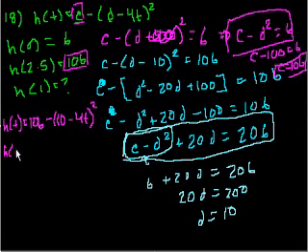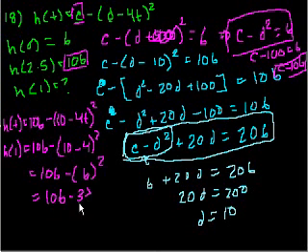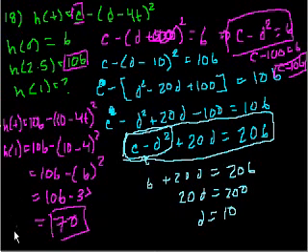So h of 1 is equal to 106 minus 10 minus 4 times 1, so 10 minus 4 squared. So that equals 106 minus 6 squared equals 106 minus 36, which is equal to 70. And we are done. h of 1 is equal to 70, which took us a little time, but it was worth it. I'll see you in the next video.